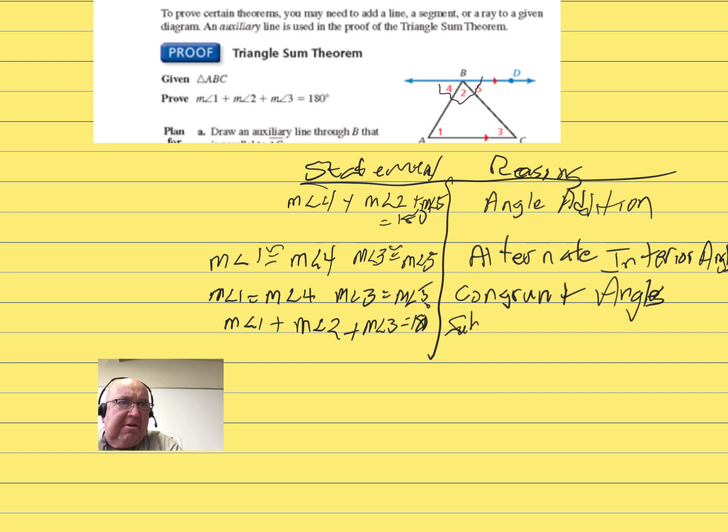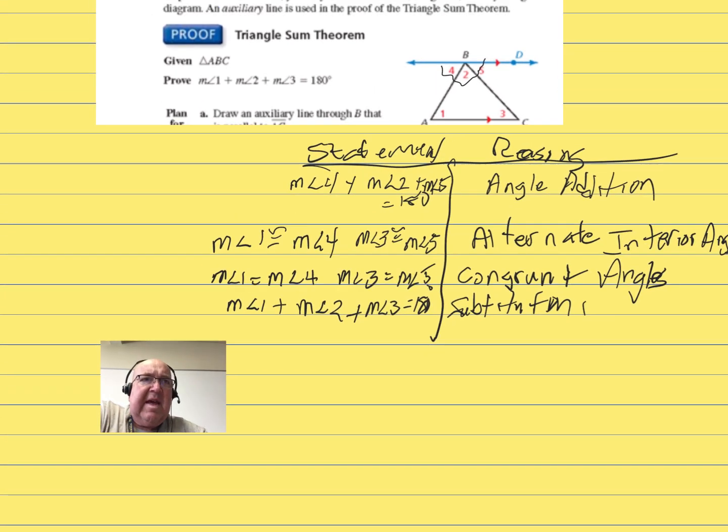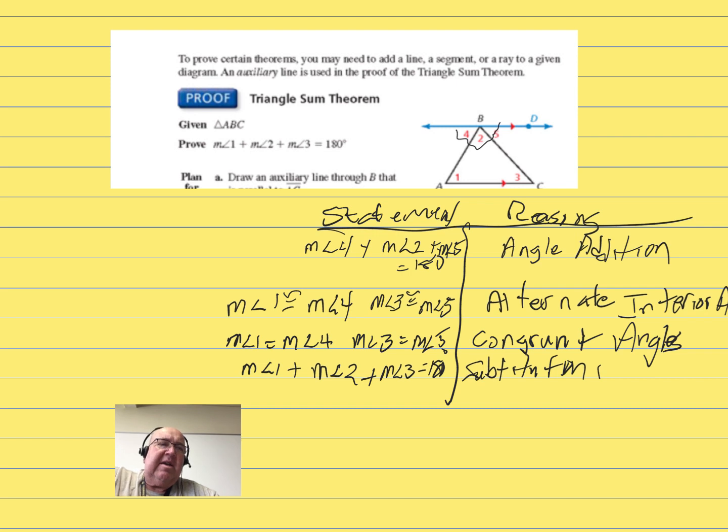We just substituted values that were equal. And that proves that the angles inside of a triangle add up to 180 degrees.